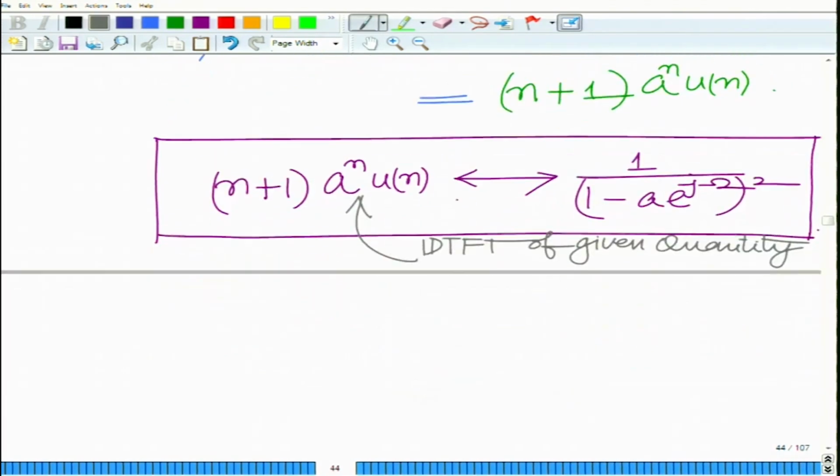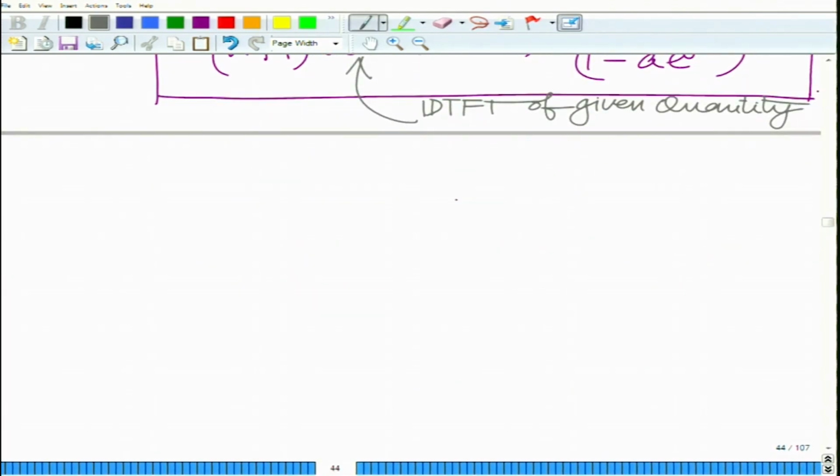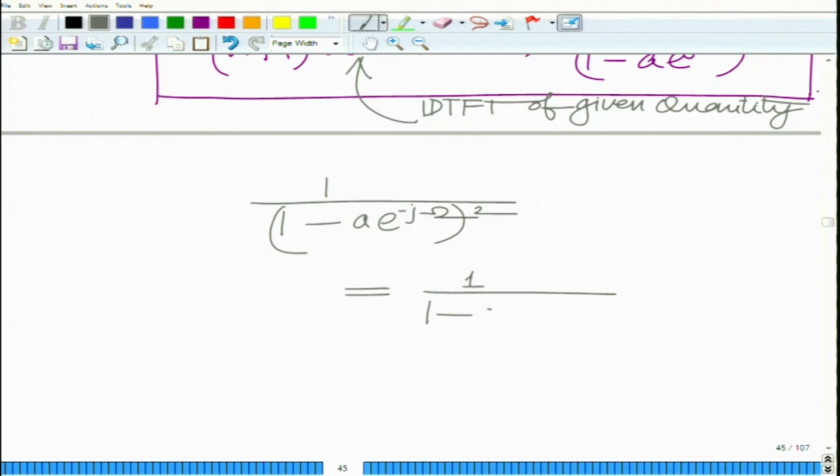So, you can see that the given DTFT is 1 over (1 minus a e power minus j omega) whole square, that is equal to 1 over (1 minus a e power minus j omega) times 1 over (1 minus a e power minus j omega).